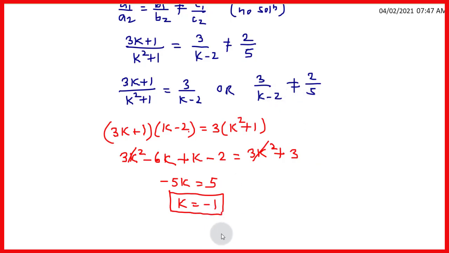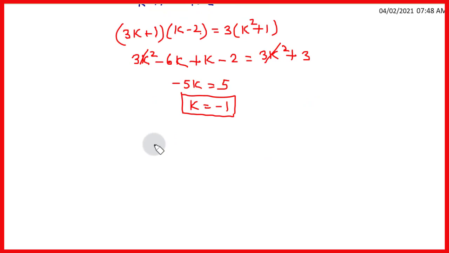Now we will solve this other condition. And friends, here the other condition is that 3 upon k minus 2 is not equal to 2 upon 5. Now put the value of k as minus 1 here and see whether both sides are not equal.